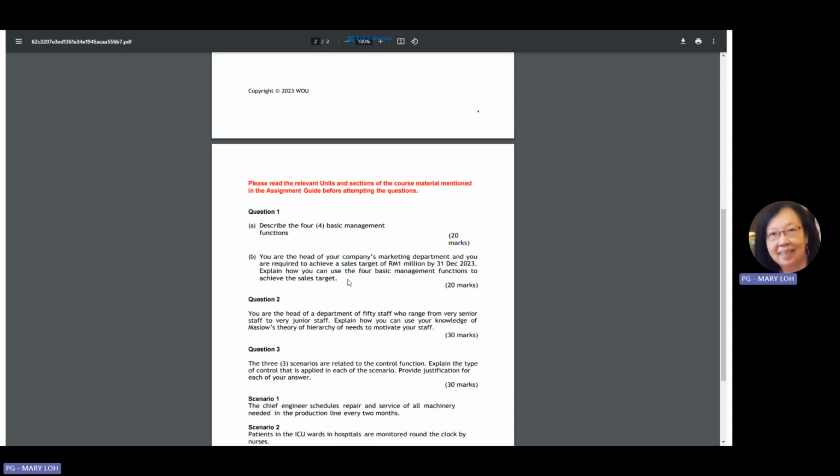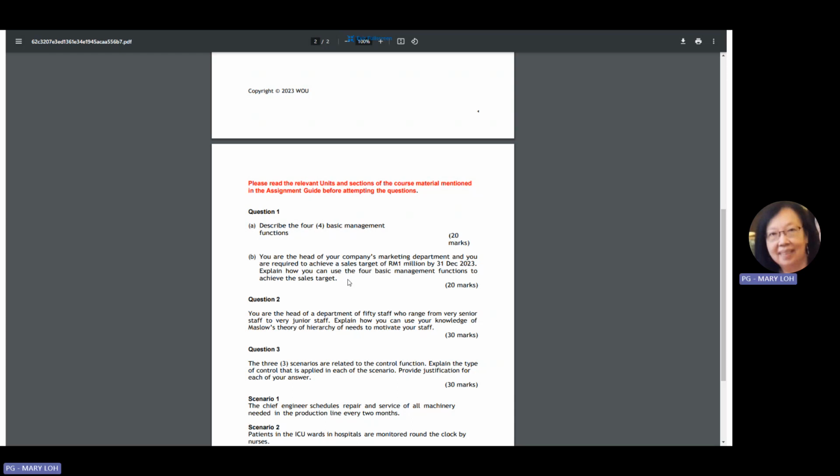So in your corrective action part, you will need to make some adjustment to the price itself, so that in your future plan for 2024, you hope that you will be able to achieve the sales target. So that is the last part of what we mean by controlling.